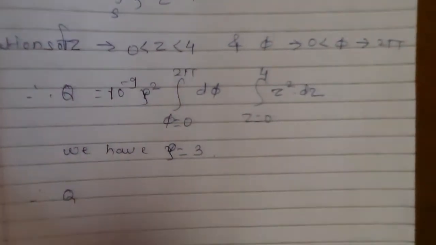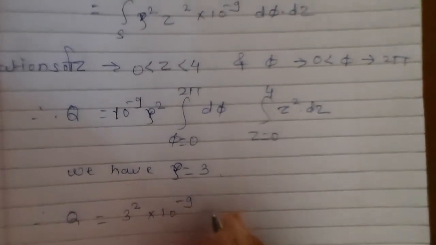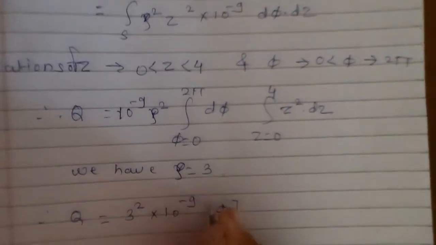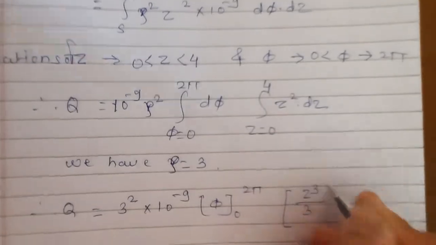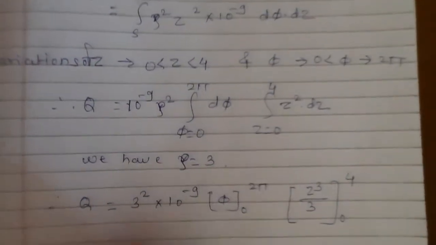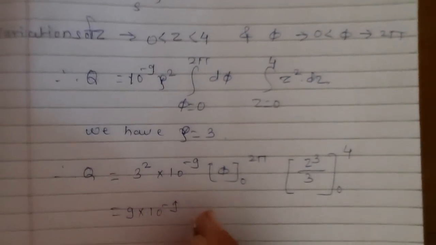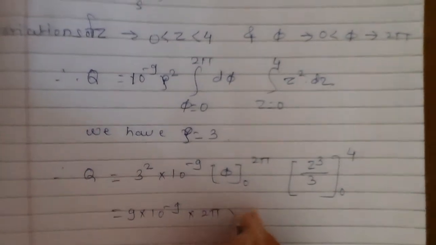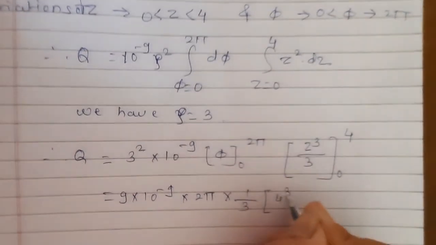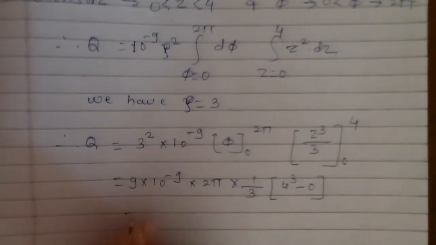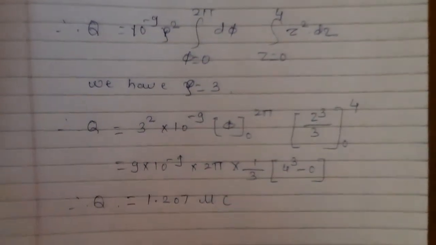Q is equal to 3 square into 10 raised to minus 9, phi from 0 to 2 pi, and it is z cube by 3 from 0 to 4. So by solving this, we get 10 raised to minus 9 into 2 pi into 1 by 3 into 4 cube minus 0. So it is 1.207 microcoulomb. Thank you.